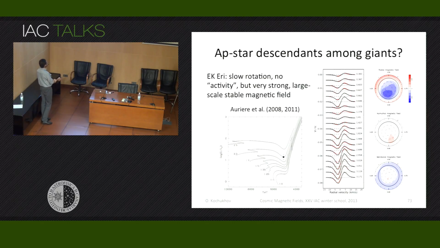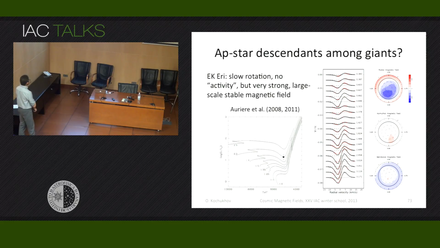This is a magnetic map derived from Stokes V, with the fit to Stokes V, and the position of this giant on the HR diagram. One can see that this giant has evolved from a star with a mass around 2 solar masses. So this is the range where magnetic A stars are found.